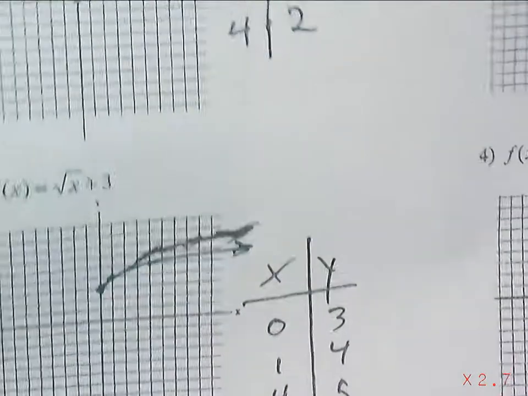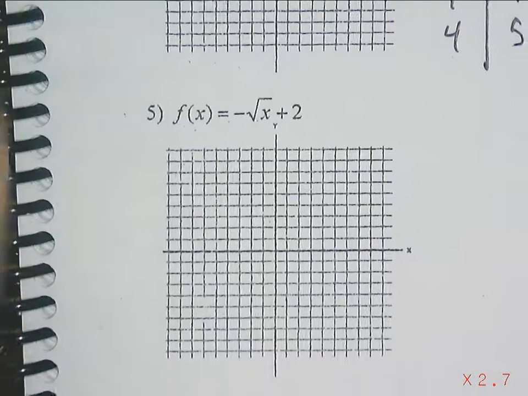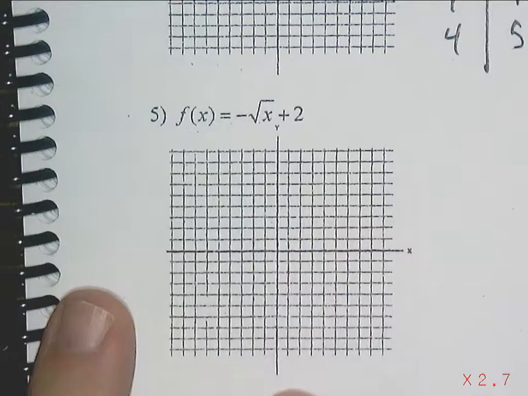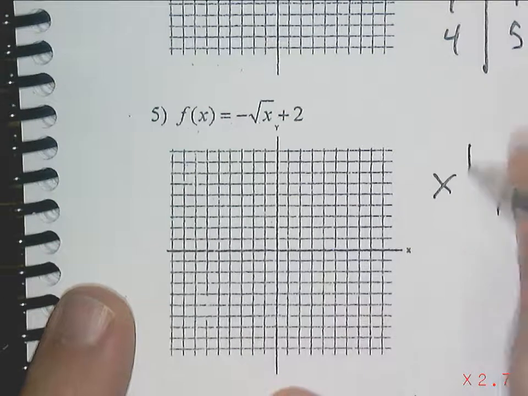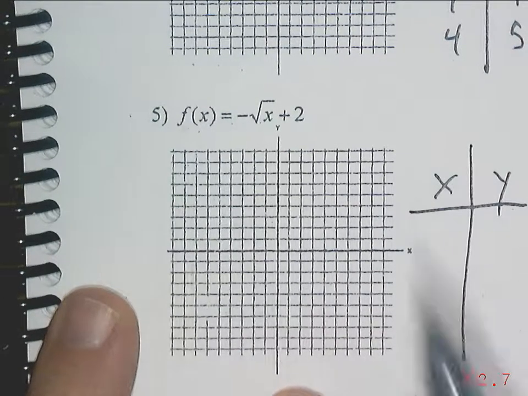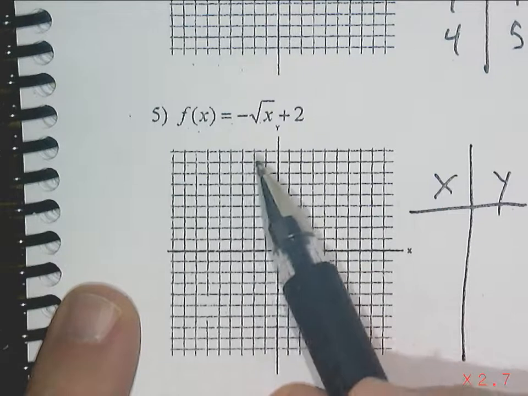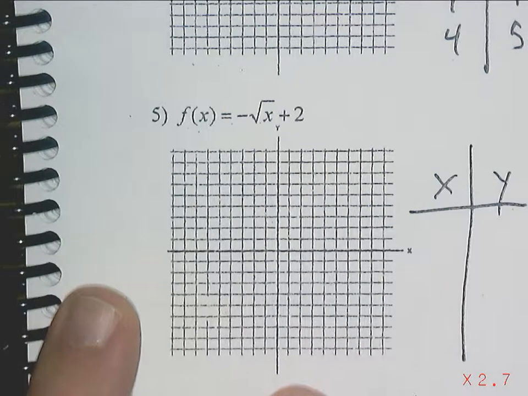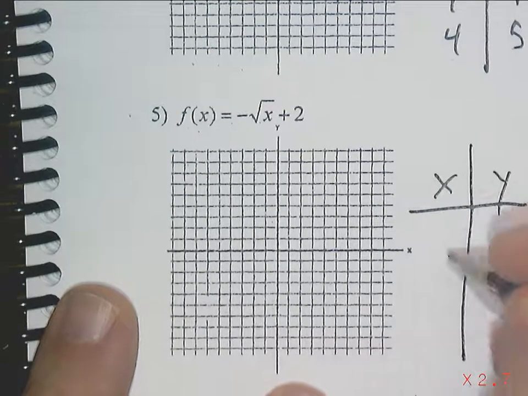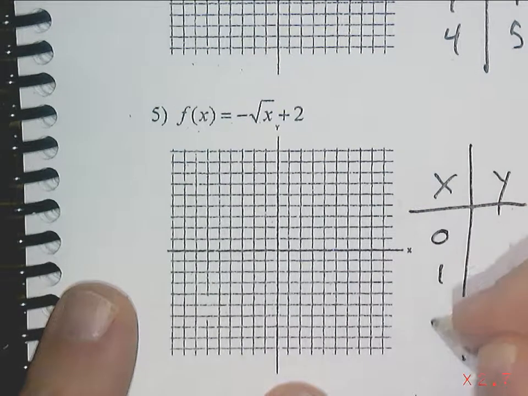Let's try looking at this one. This one has a negative in front, right? So let's try just with the table, and let's see what happens. Now, the question is whether this would flip it over the x or the y. We're going to figure that out by making our table. Okay, so 0, 1, and 4.